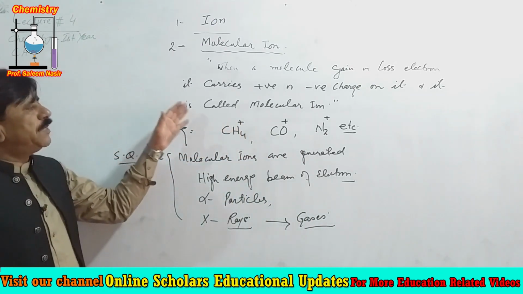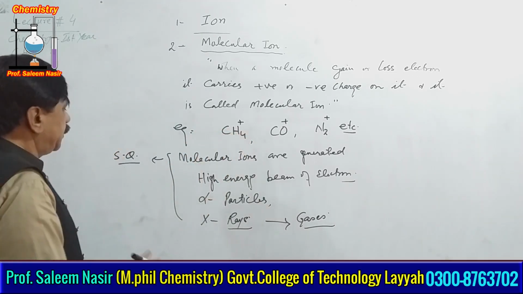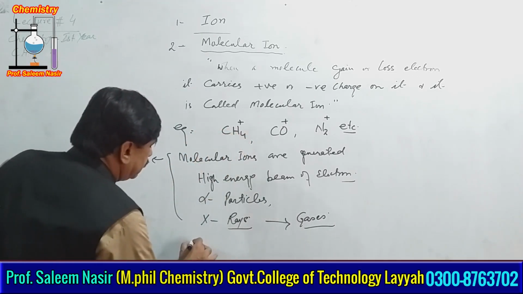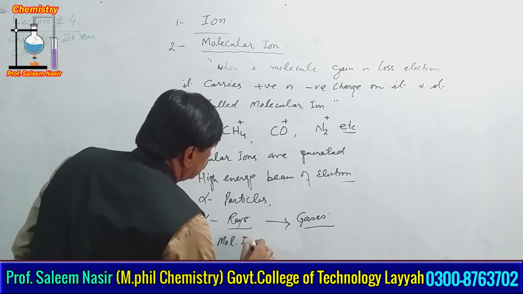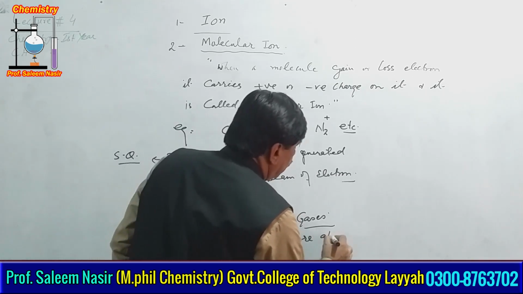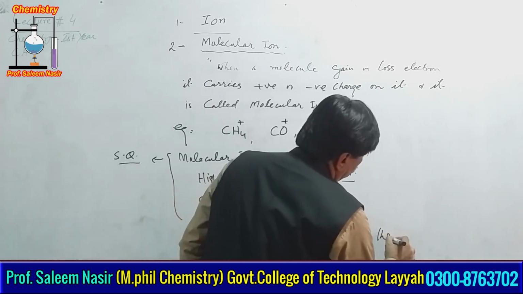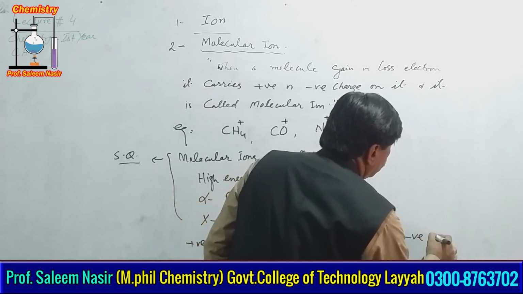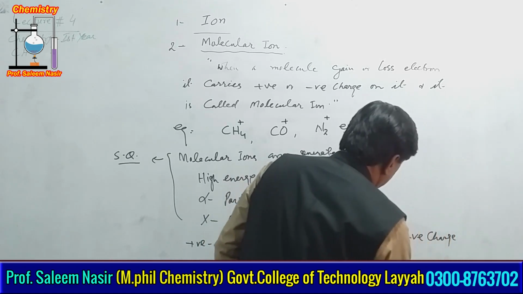Now one thing is noted here in the examples, that the positive molecular ions are more abundant than negatively charged molecular ions.